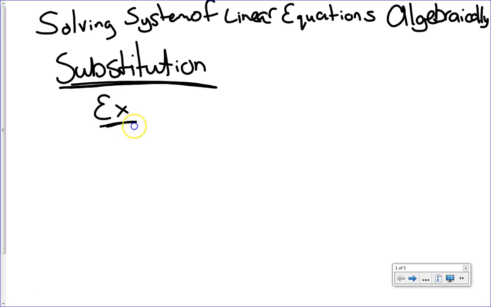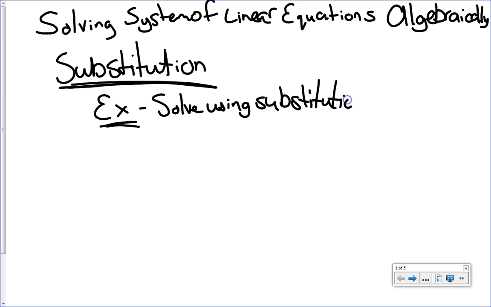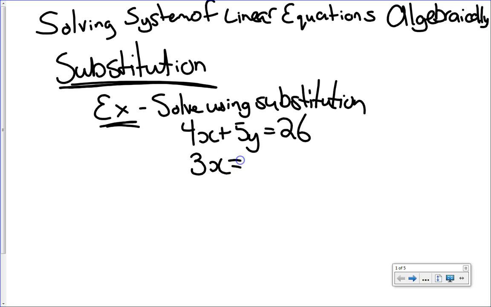Substitution questions, and so if I said solve using substitution, that means I want you to find the intersection of these two equations, and I give you these equations. 4x plus 5y equals 26, and 3x equals y minus 9. So let's say I gave you those two equations.